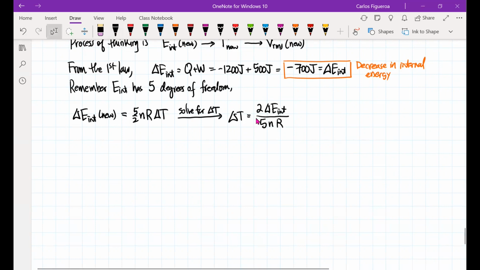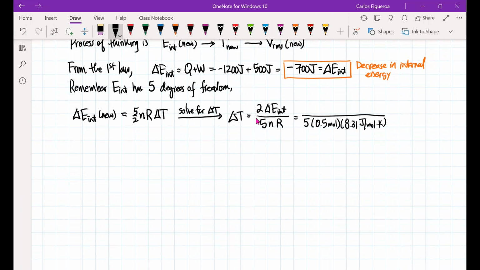So let's calculate this thing. The number of moles that we have is 1/2 mole, times our gas constant, and then I'm going to put in 2 times 700 joules.